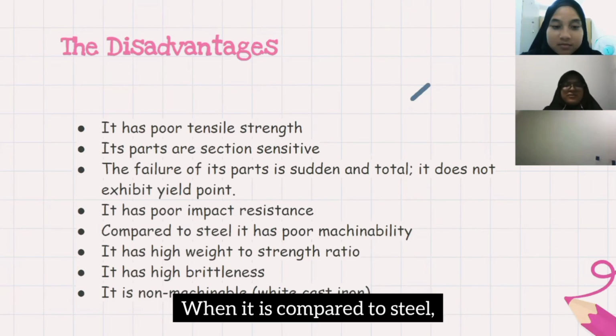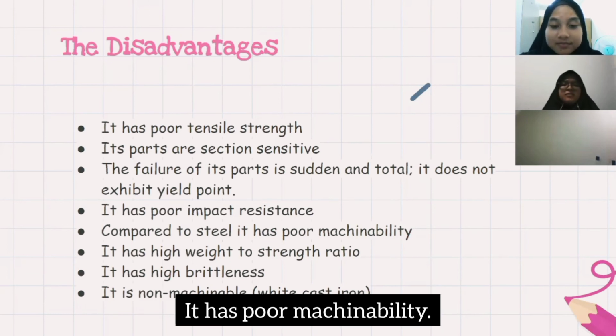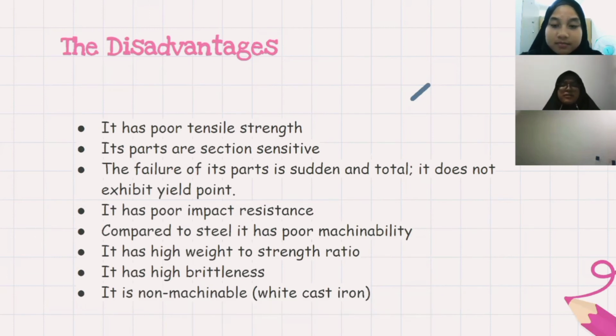Compared to steel, it has poor machinability because most aluminium alloys have a higher tensile strength, while aluminium can also resist impact better than iron, which is notoriously brittle.